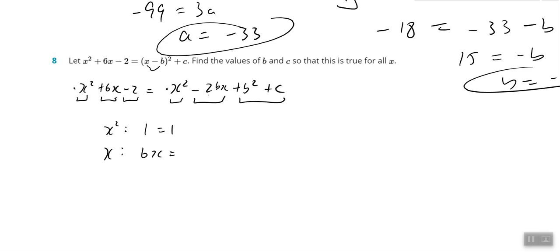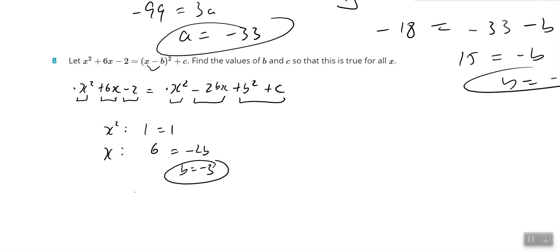I'm reading the number in front of the x. The number in front of this x is 6, and the number in front of this x is minus 2b. So you can solve for b. Divide both sides by -2, b equals -3.